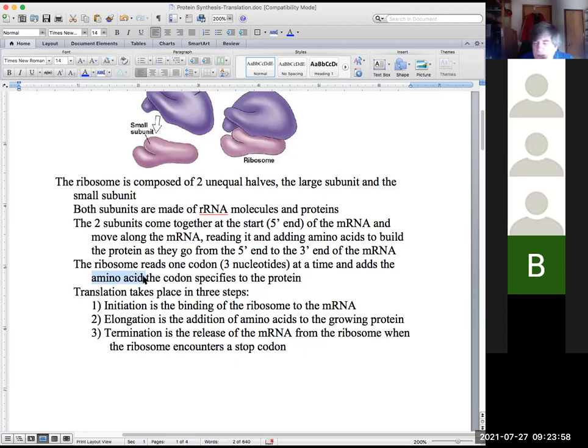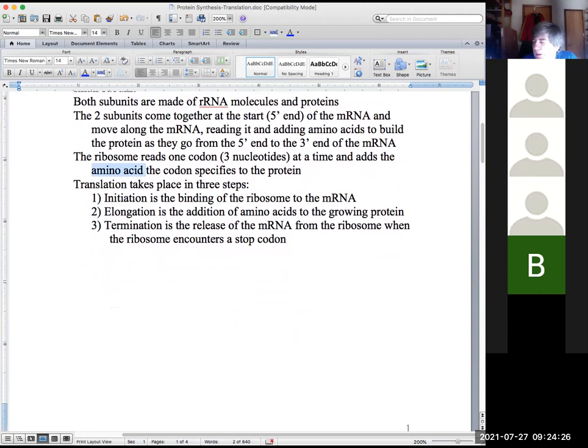So if we know the size of the messenger RNA, we can figure out how big the protein could be. The reverse is also true. If you know that a protein has 6 amino acids, then it would have to have 6 times 3, at least 18 nucleotides in the messenger RNA. So if we know how big the protein is, we can figure out the size of the messenger RNA. If we know how big the messenger RNA is, we can figure out the size of the protein.